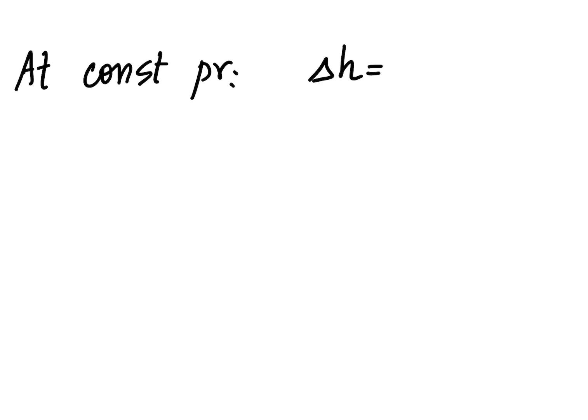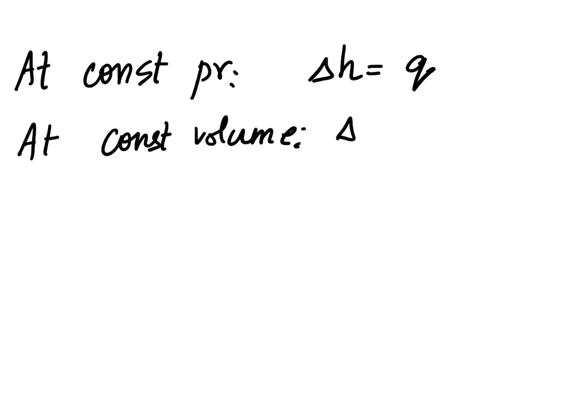So what do we have? At constant pressure, the enthalpy change is simply the heat change. At constant volume, we just saw before that the internal energy change equals the heat change. In both cases, we use the heat change as the metric because it's easy to measure.